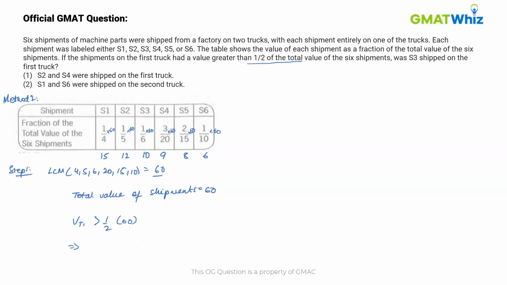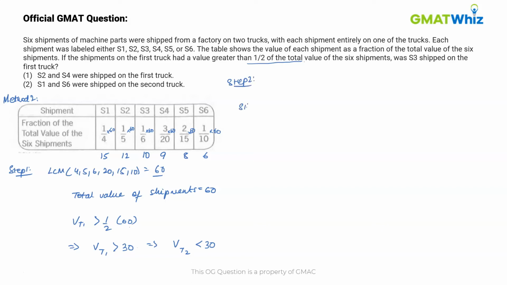So this gives us that the value of shipments on truck 1 is greater than 30. Now this obviously implies that the value on truck 2 will be less than 30.